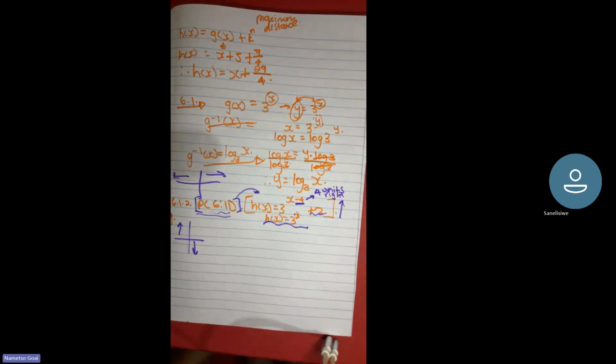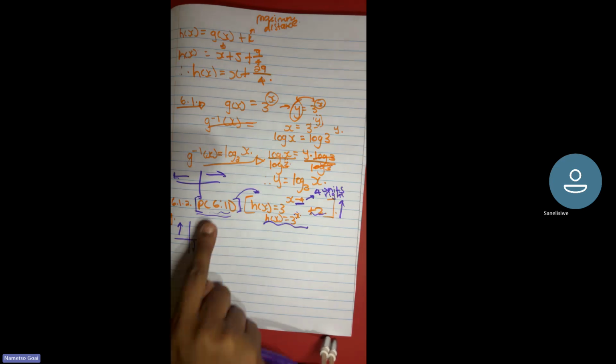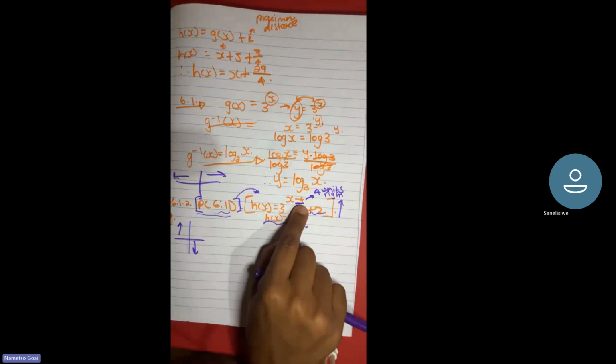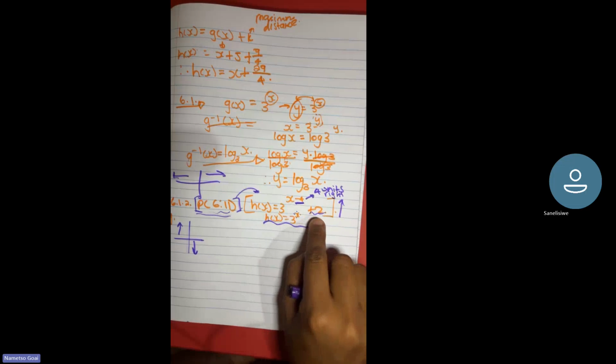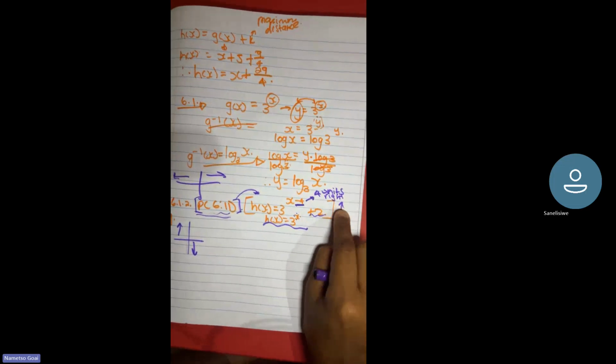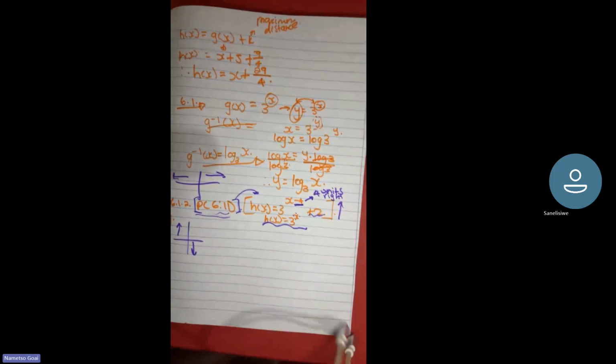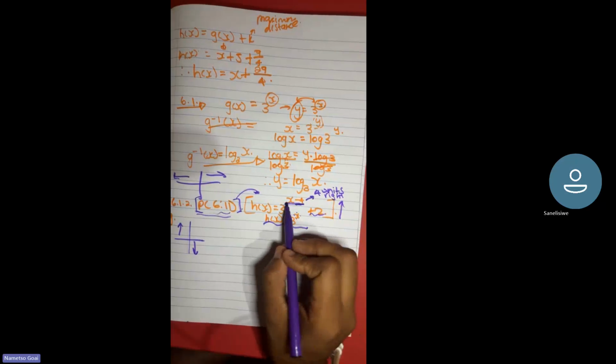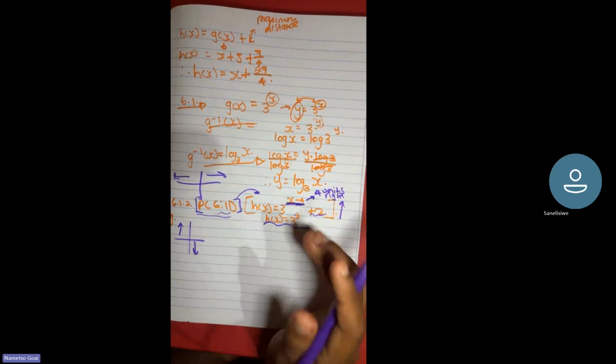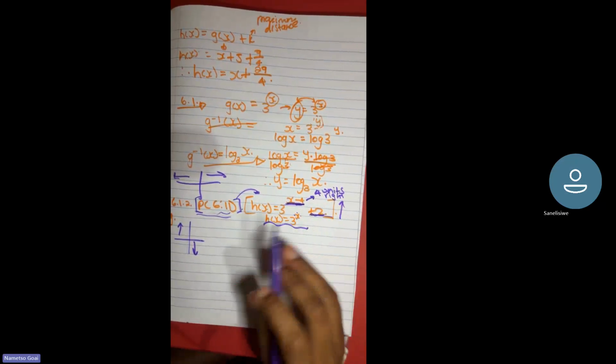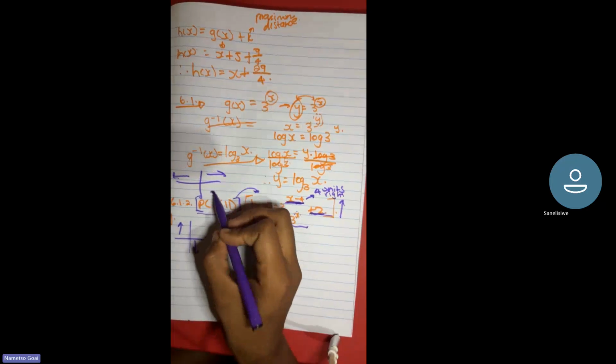So once they say it's translated, it means show us how it was in its former position before it experienced this 4 units right and 2 units up shift. How was it? So we'll just do this because this part relates to our x-axis, this part relates to our y-axis. And for the P, this is our x, this is our y.